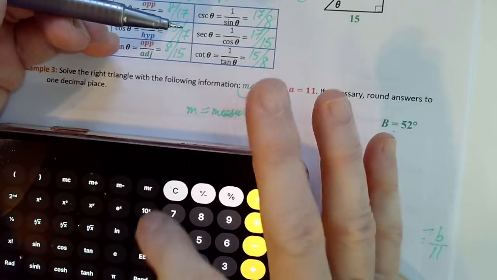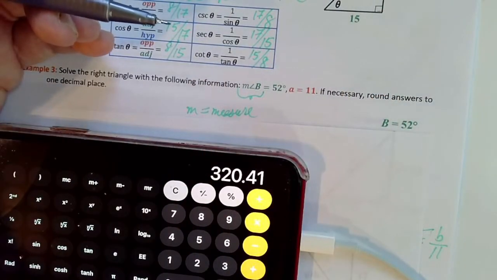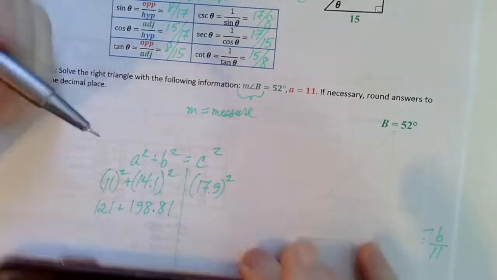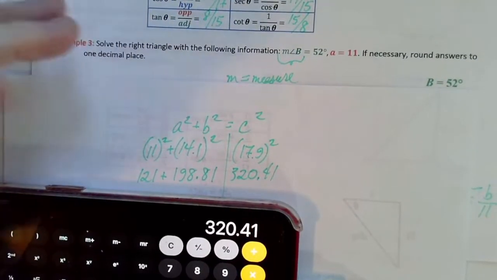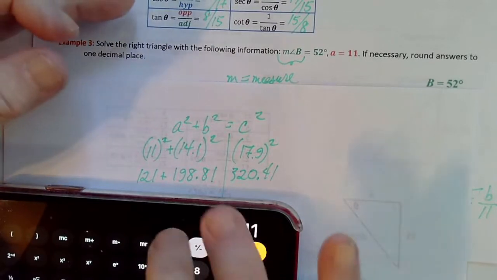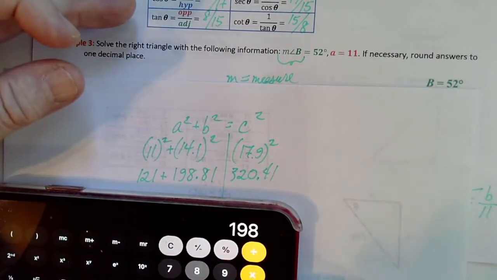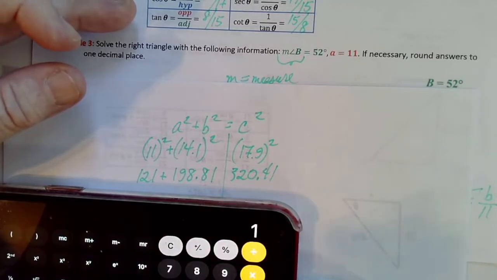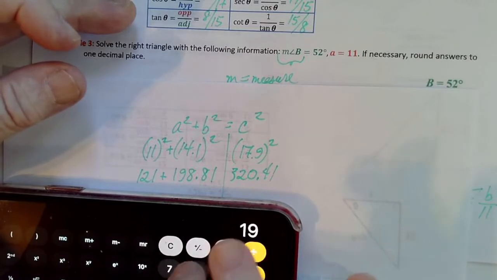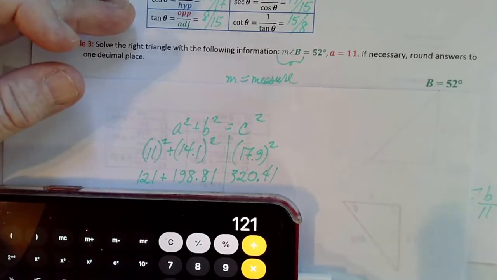And 17.9 squared is 320.41. And now let's add 198.81 plus 121.